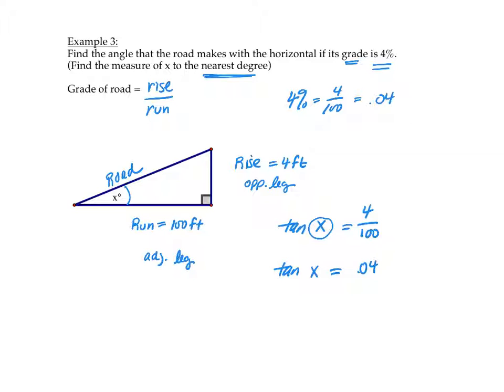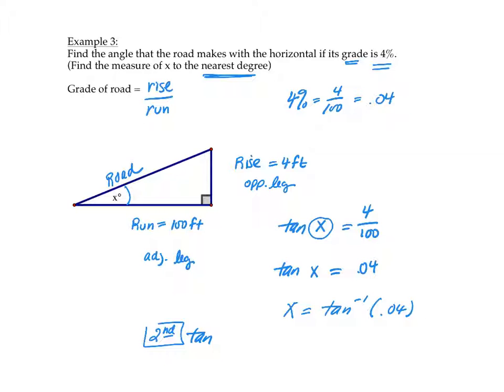Okay, so when we do a reverse lookup, when we're looking for the angle measure and we know the tangent, to tell the calculator to do that, we have to do something called the inverse tangent. And it looks like this, tan negative 1. So on your calculator, what you would do is press the blue second key, and then tangent.